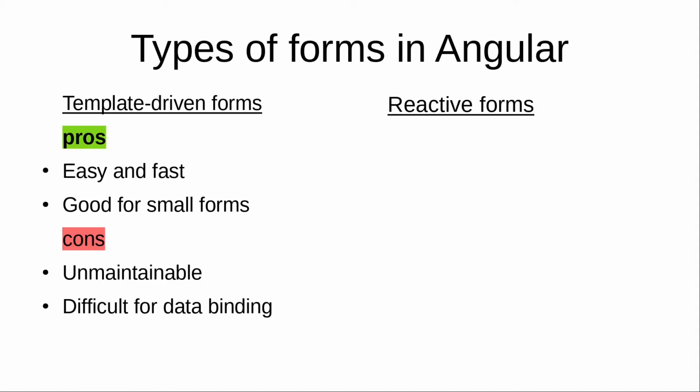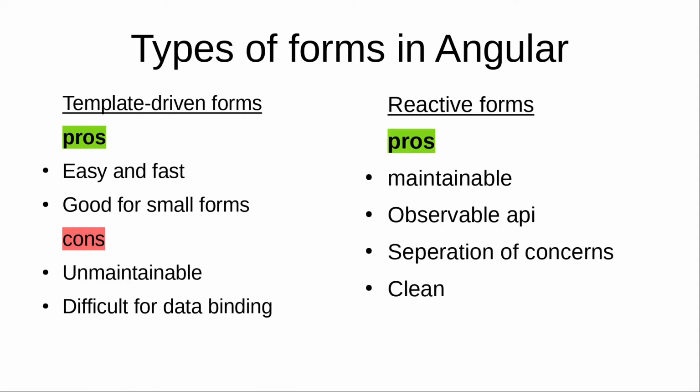For example, if data comes from the server and a text area has some value that's coming from the backend, it's a little bit difficult. But if you get the value from the backend, you can easily fill the text area and other inputs in reactive forms. Let's go to the reactive form.